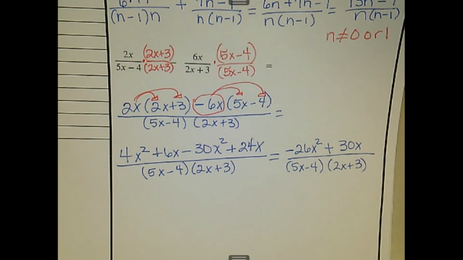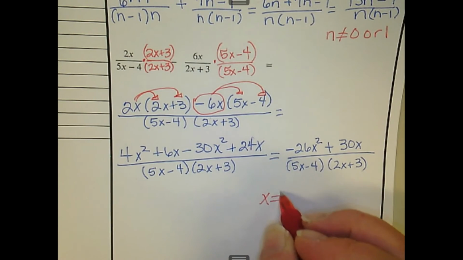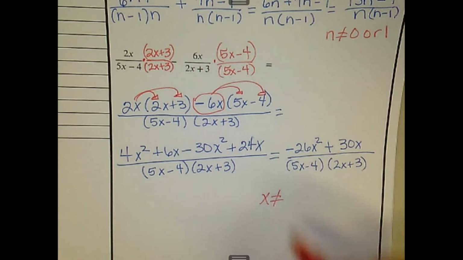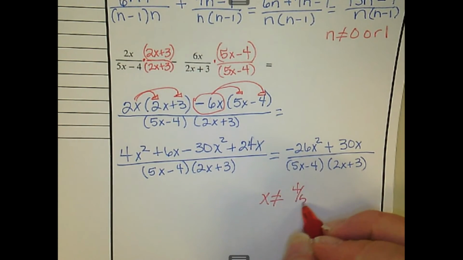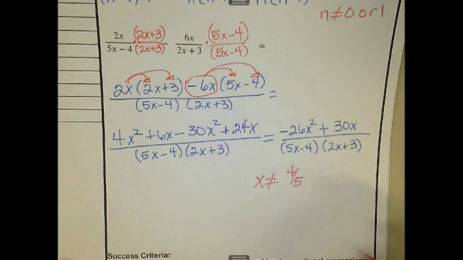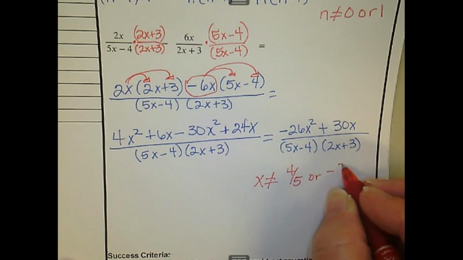Okay, what are our constraints? X cannot be equal to. Okay, here I add 4 and divide by 5, so that would be 4/5. Here I subtract 3 and divide by 2. Negative 3/2.